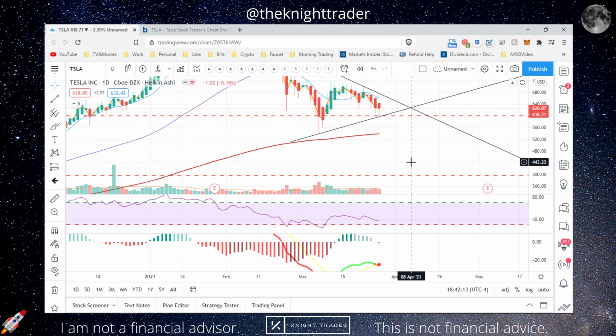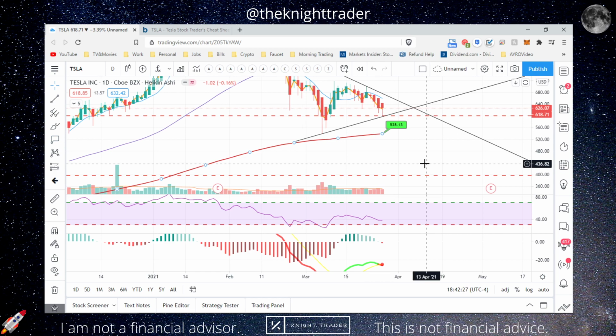Let's also note this price right here as a really good price area because I wouldn't expect it to go too much farther below there. 538.13. All right, so that's the golden price to stay above. That'll show if we are supported on the 200 or not.